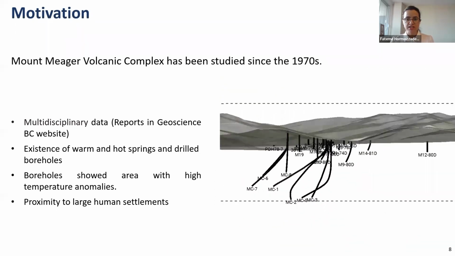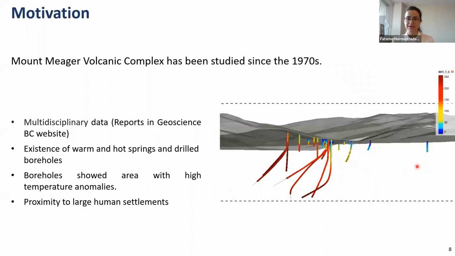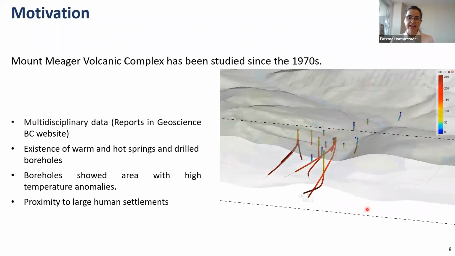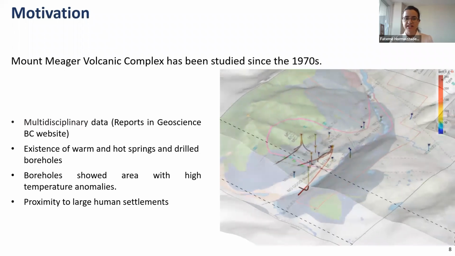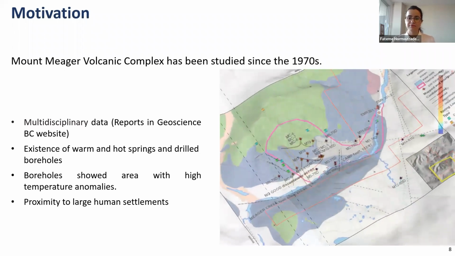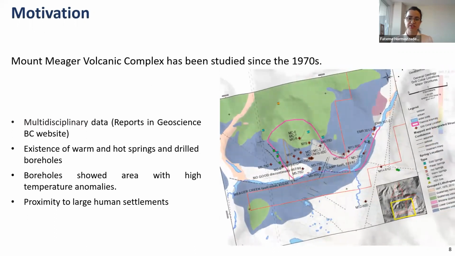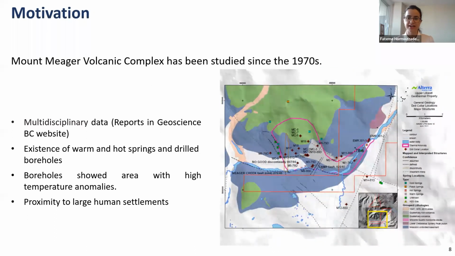Some of the boreholes are deeper than 3 kilometers and they show a temperature of 200 degrees Celsius at 1 kilometer below the surface. This is the north-south slice through the map. This map shows the distribution of subsurface temperature in the area, which can be higher than 260 degrees Celsius. And based on these temperature data, studies have been done to see the location of potential geothermal resources in the area.